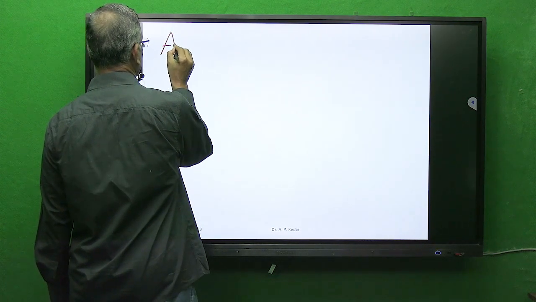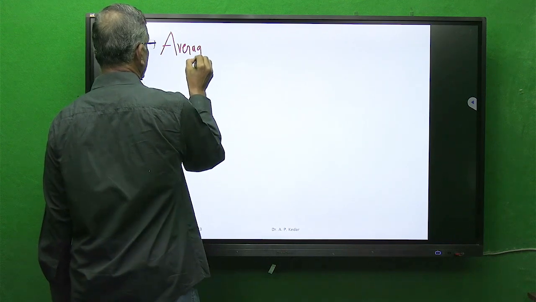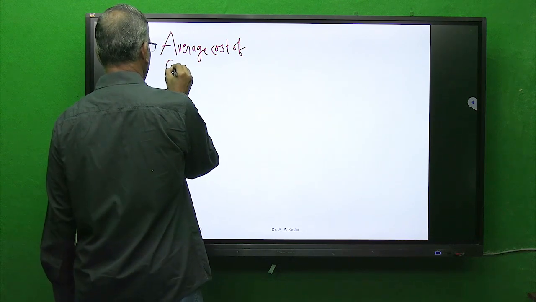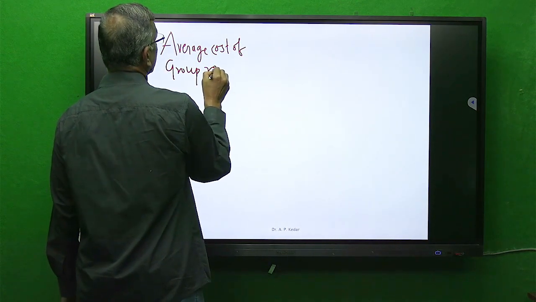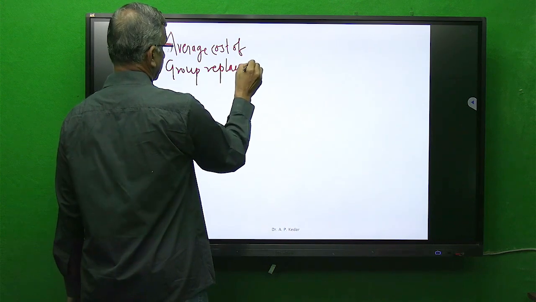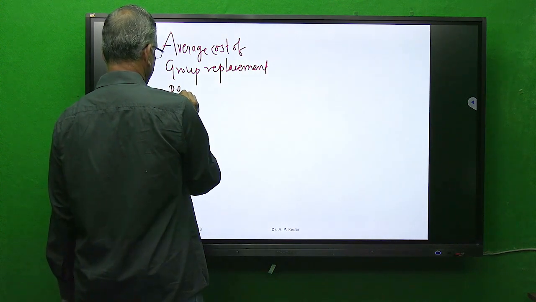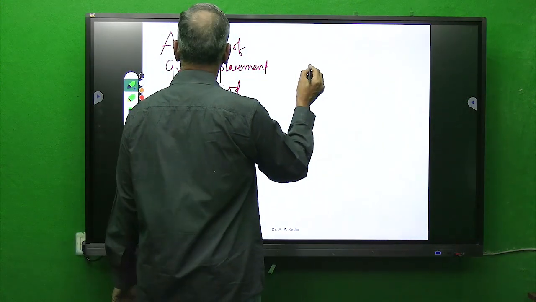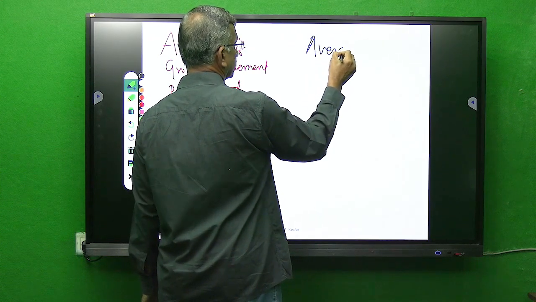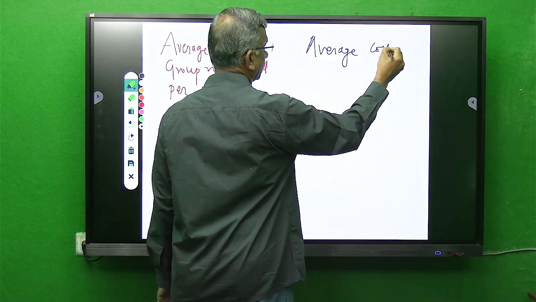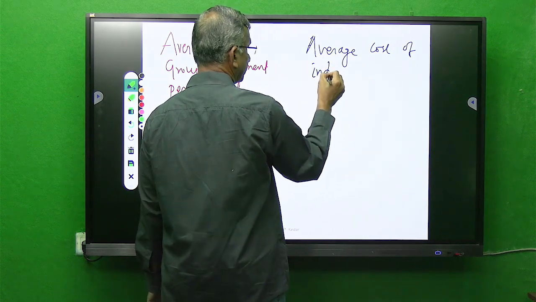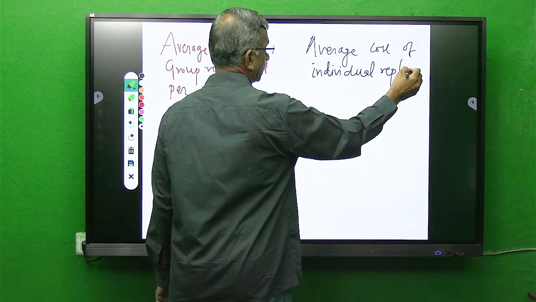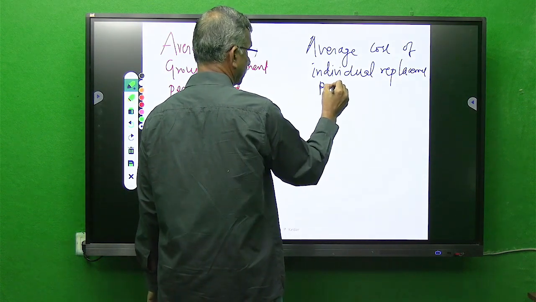One, the average cost of group replacement per period, and also the average cost of individual replacement per period.